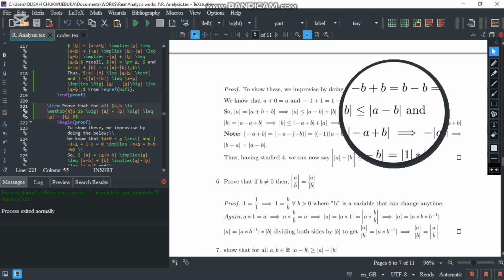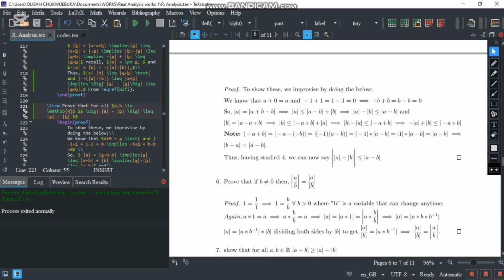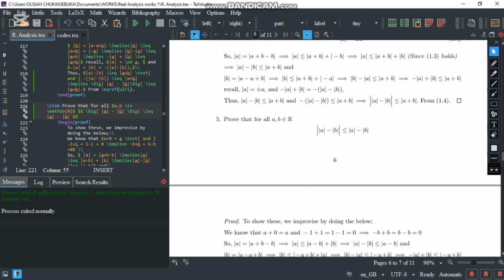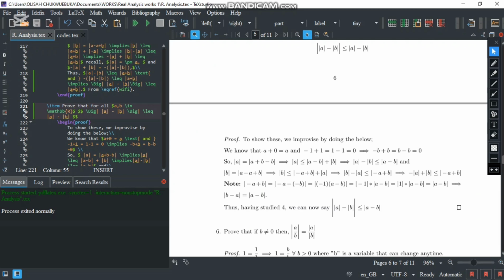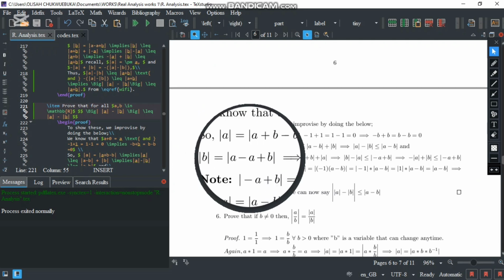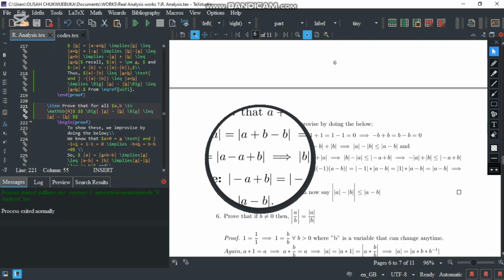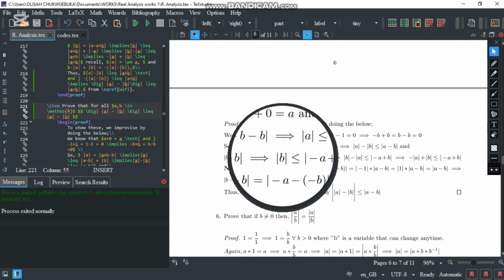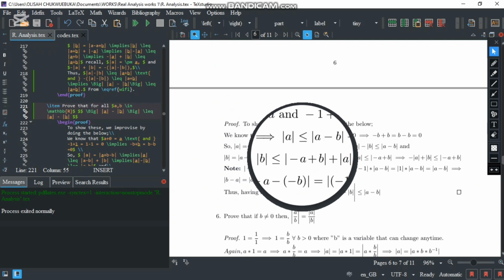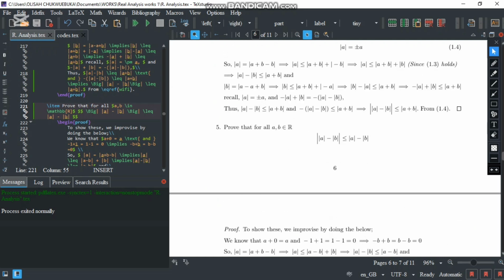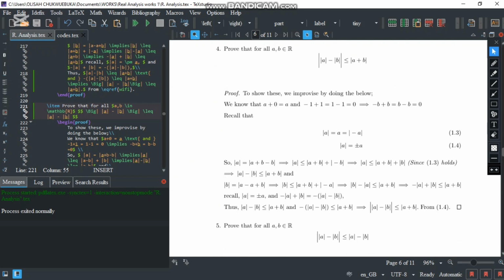And that is exactly the same thing we did in question number 4 here. So now look at where they differ. When it comes to the absolute value of b, it is a minus a plus b, correct? Yes. In question 4, look at what I chose here.